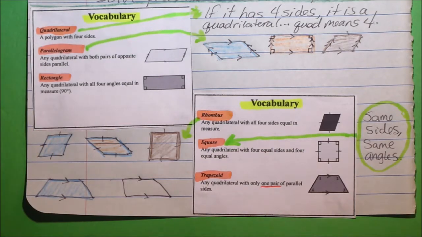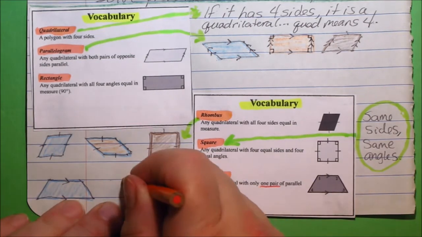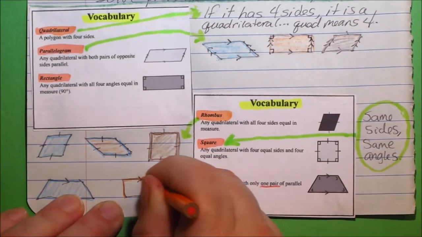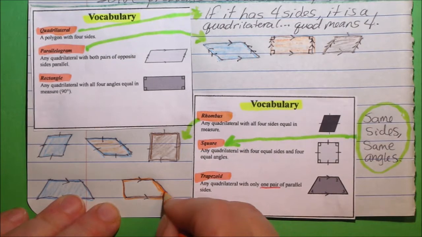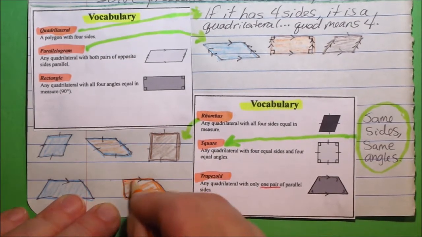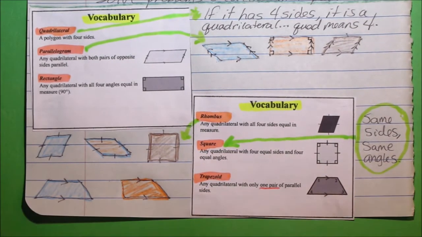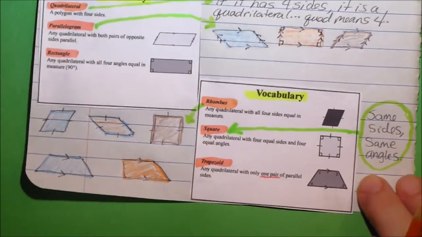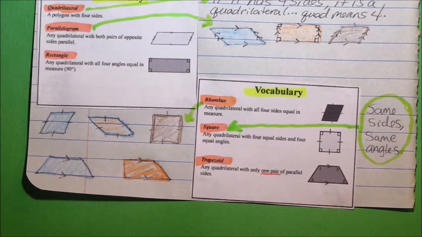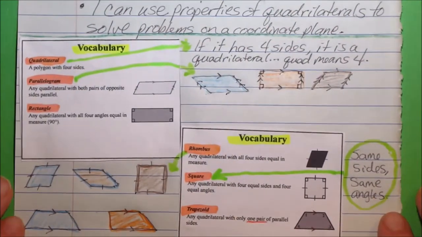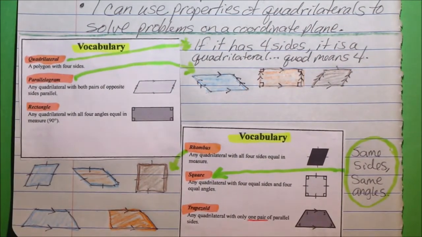So that then is a trapezoid. All right, so there are our examples for all of our different shapes, and that takes in the first page of our notes. The second page, now we're going to learn how to use these shapes on a coordinate plane.